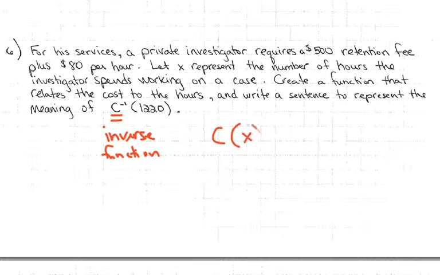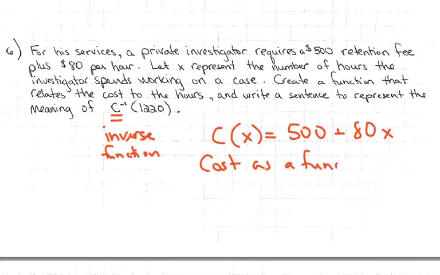The original equation, C of X, is going to be the $500 retention fee plus $80 an hour, where X represents the hours. So this particular sentence represents the cost of the service as a function of time, or as a function of the number of hours. The inverse of that, what you do is you basically reverse the units of measurement.